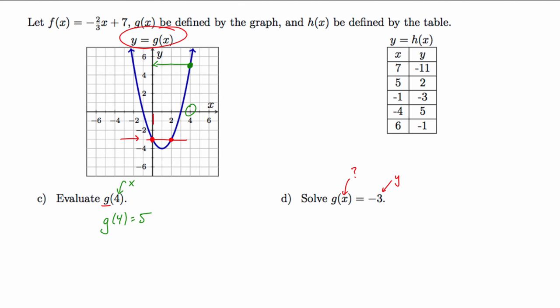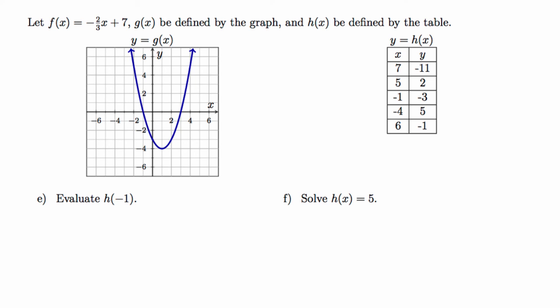Any point that has a y value of negative 3, then the x value will be a solution for this equation. Since there are 2 points on this graph with a y value of negative 3, there's one at 0, negative 3, and there's one at 2, negative 3, it tells us that the solutions for the equation are 0 and 2. So we will conclude by giving a solution set statement. The solution set for this equation is the set 0, 2.